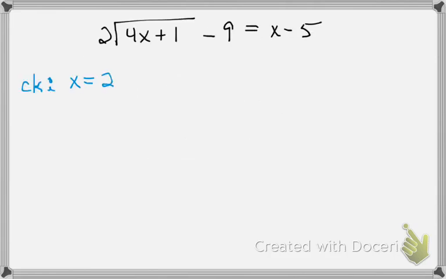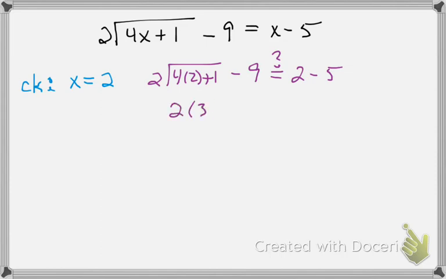Fine. If we check x equals 2, that means we have 2 times square root of 4 times 2 plus 1, minus 9. And then we're ever so hopeful that this turns out to be 2 minus 5. 4 times 2? 8. 8 plus 1? 9. Square root? 3. 2 times 3? 6 minus 9?